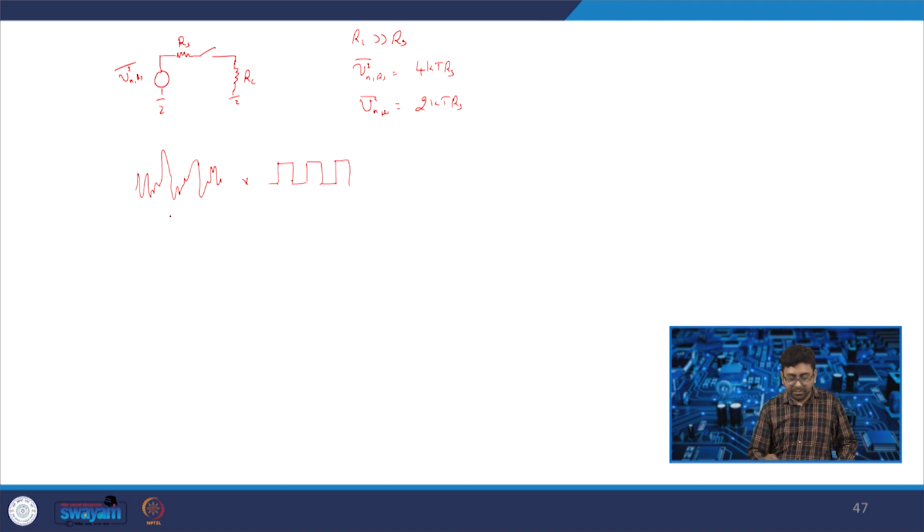This random noise we can represent in the frequency domain as 2 kT Rs, and this will be convolved with the equivalent sinc kind of function, which has different amplitudes.